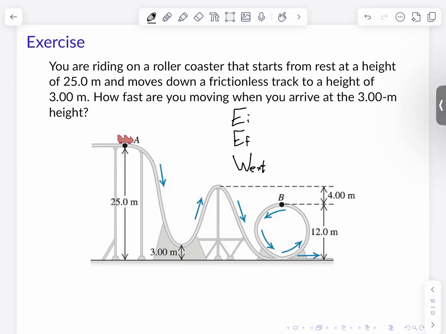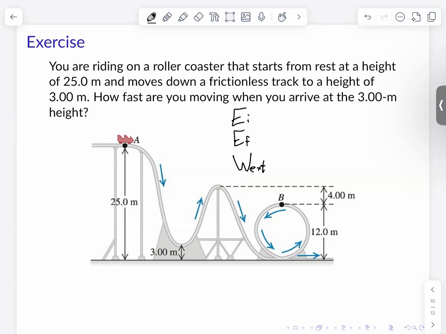Okay, so here's the process. What are the initial energies? What are the final energies? What are the works? Apply the equation. What kind of energies do we start with? Potential. Anything else? Are you moving? No, right?